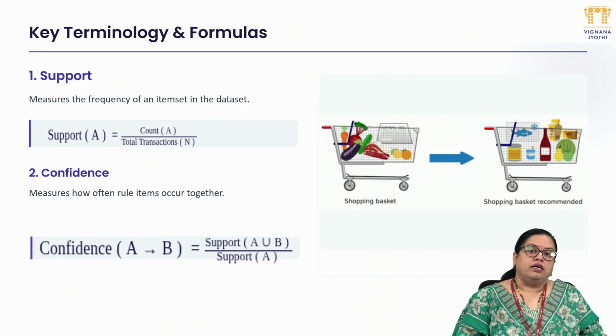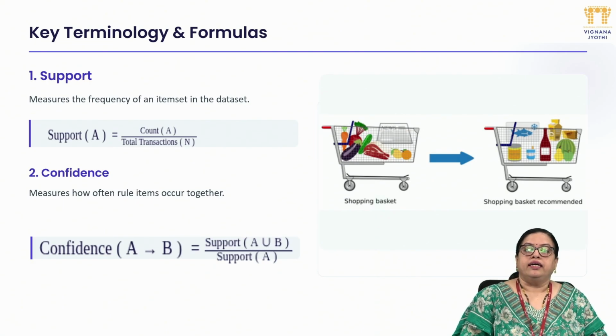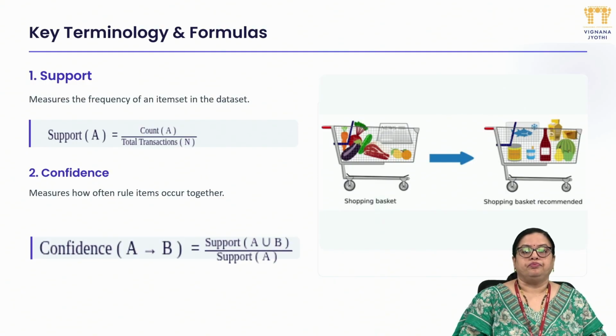Next, how do we calculate the confidence? We represent the confidence A tends to B, which equals support A union B divided by support A. Whenever we calculate the confidence, we calculate A tends to B as well as B tends to A. What is the difference?